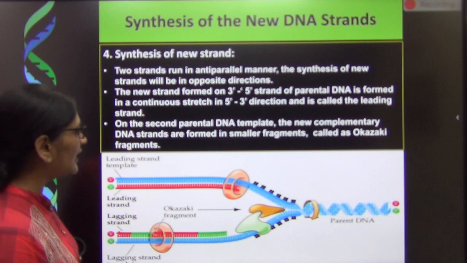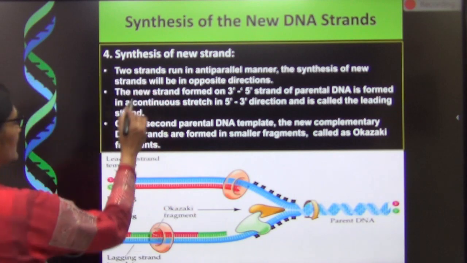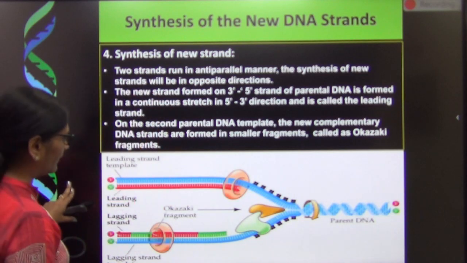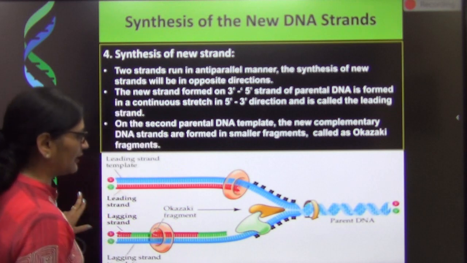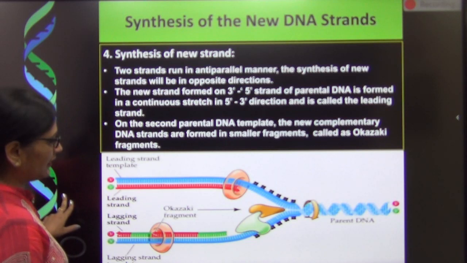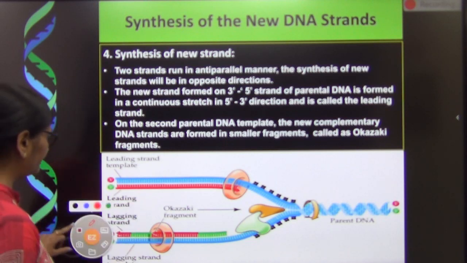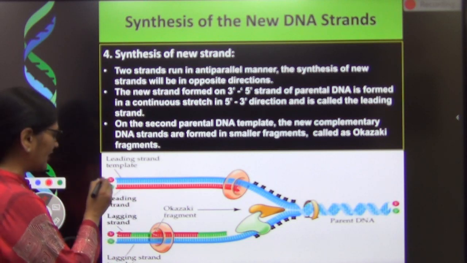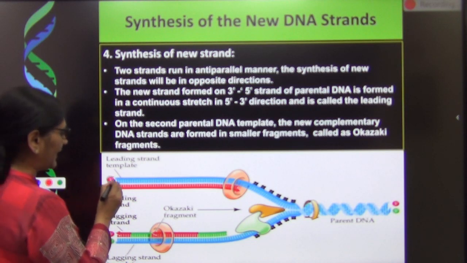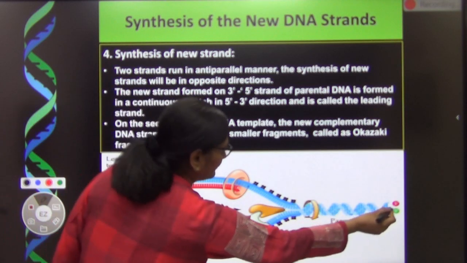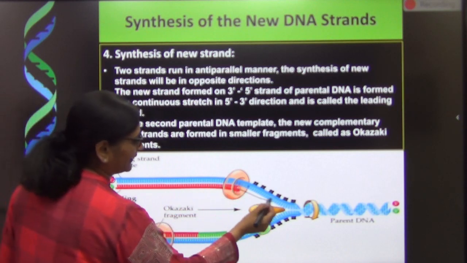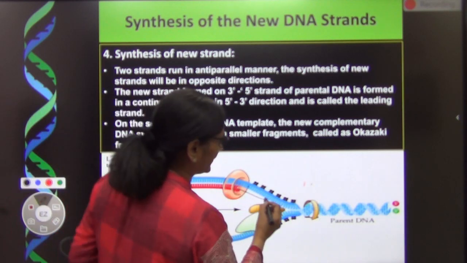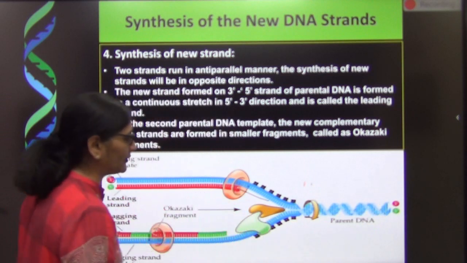In one of the two strands, as the enzyme DNA polymerase attaches, here you can see this. That strand which has a polarity 3 prime, 5 prime, here the polymerase enzyme will move in a continuous manner, and as the DNA uncoils, it will continue to make the DNA in a continuous manner.